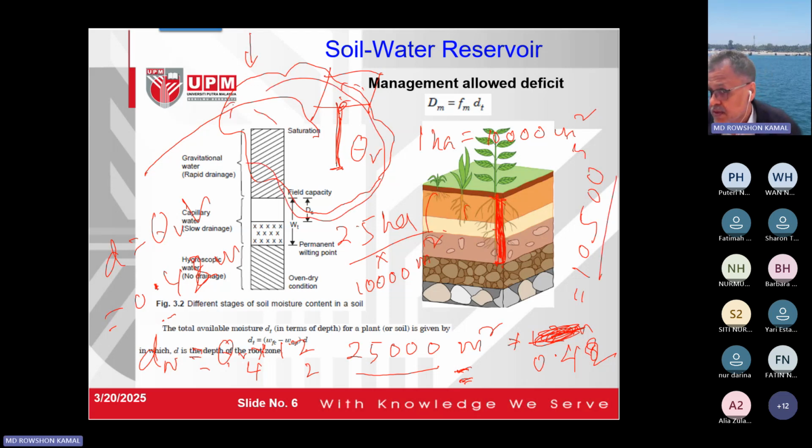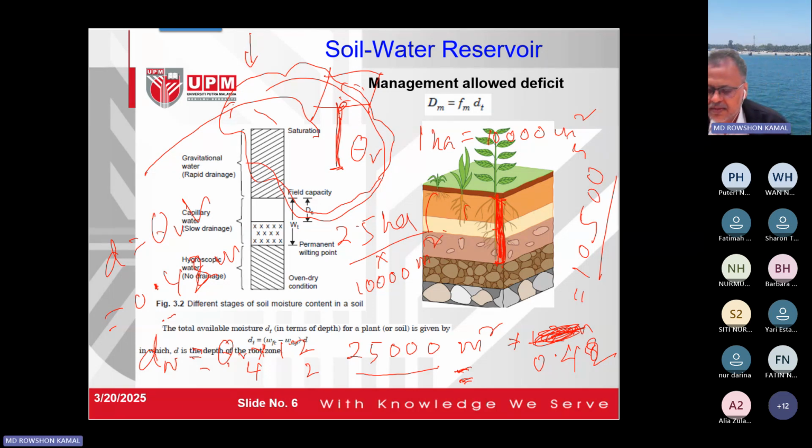Can you imagine how much the price of this water is? For 1 meter cube, how much do you pay to the water supply company for your house? Let's say an average of 50 cent, because up to 20 meter cube is at a lower price, and once you exceed 20 meter cube, the price is different. Maybe this water is not nice water, so let's say the price is less, 20 cent.